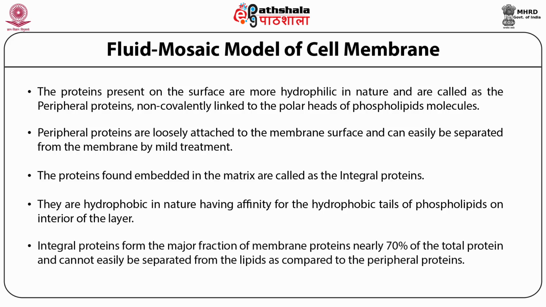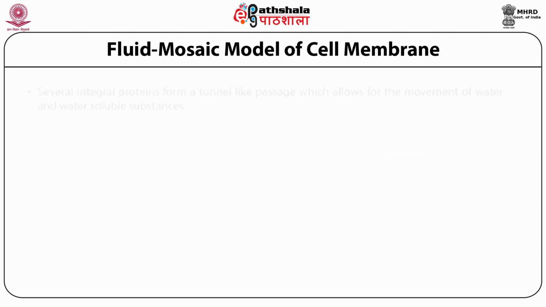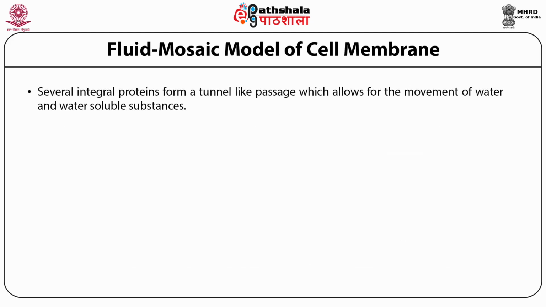Integral membrane proteins form the major fraction of membrane proteins, approximately 70% of the total protein, and these cannot be easily separated from the lipids as compared to the peripheral membrane proteins. Several integral membrane proteins form a tunnel-like passage which allows for the movement of water and water-soluble hydrophilic substances.